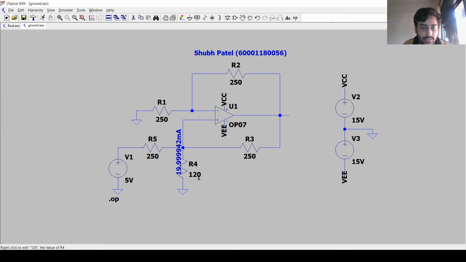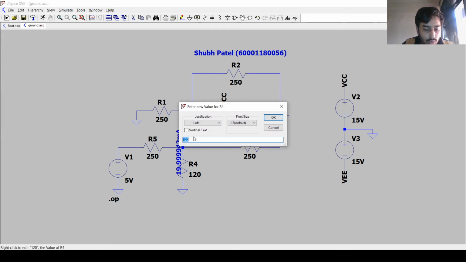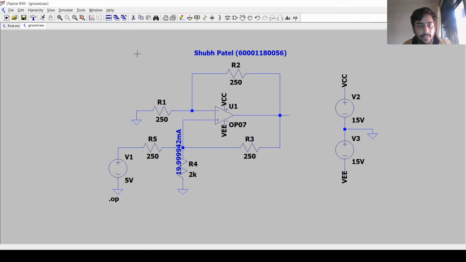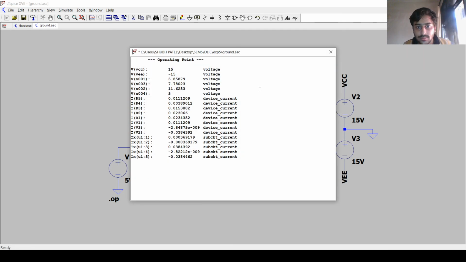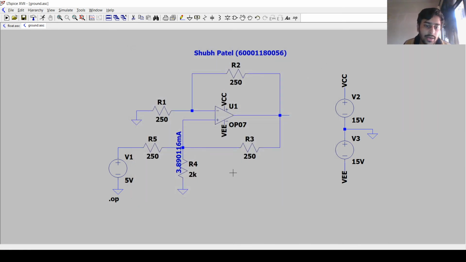Now let's change the RL value to 2K. Now let's run the code. So we are getting 3.98 instead of 20, which means that it is dependent on RL, so the hypothesis is proven wrong again. So that's all for the ground load potential.